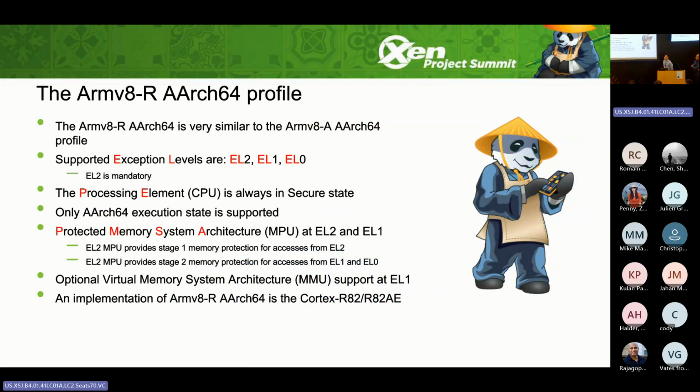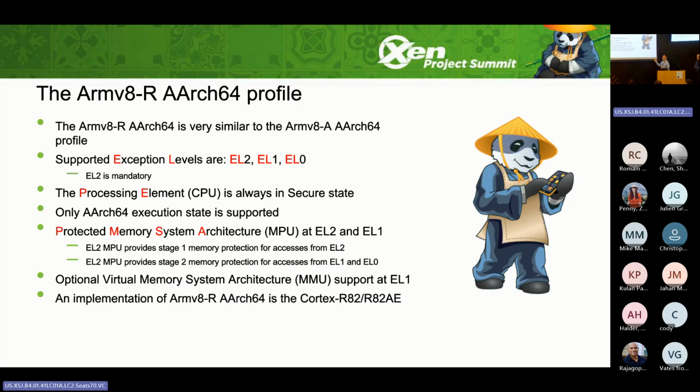The Armv8-R AArch64 architecture is very similar to v8-A. In fact, many of the registers are the same. But let's focus more on the differences. The first one is the supported exception levels. In this architecture, only EL2, EL1, and EL0 are supported, and EL2 is mandatory.